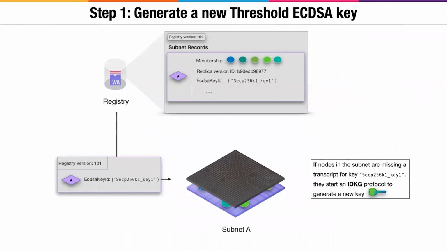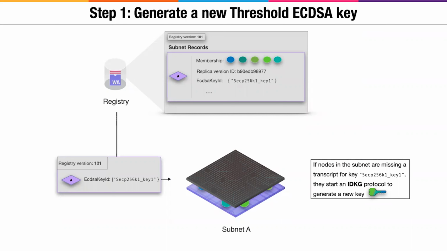So what happens after that? We use this mechanism to update the subnet record to essentially signal to the subnet that it should hold this new key, which is called, in this case, secp256k1 key 1. The subnet periodically fetches the most recent version of the registry, so the most recent changes that were published to the registry.